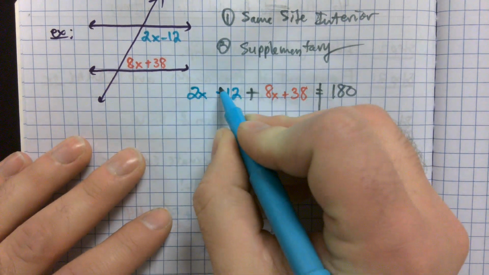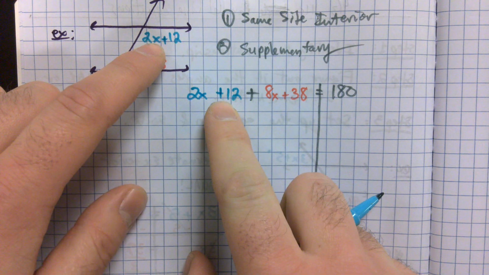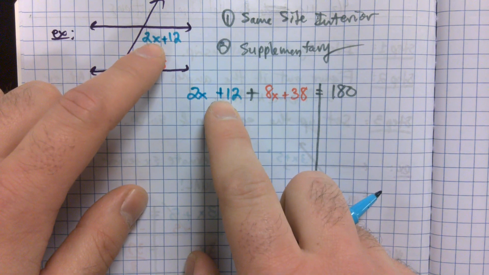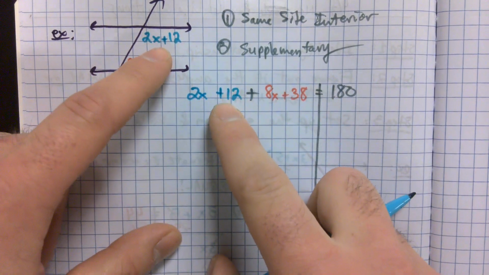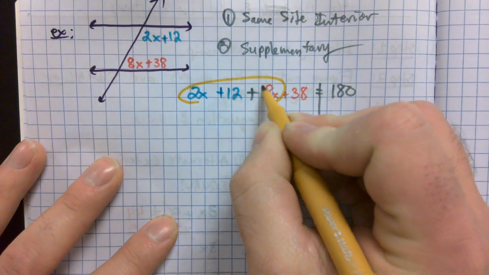Do me a quick favor, change this to a positive 12. That's my bad. Okay, 2x plus 12 plus 8x plus 38. Everybody made that change? Plus 12? Okay. So we're going to combine the 2x and the 8x.